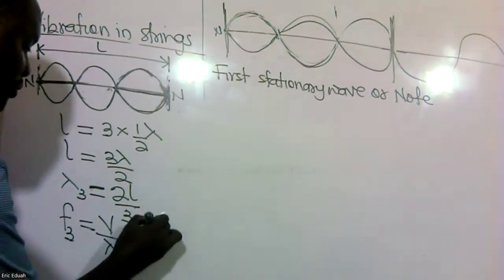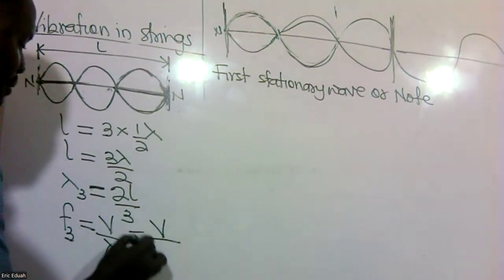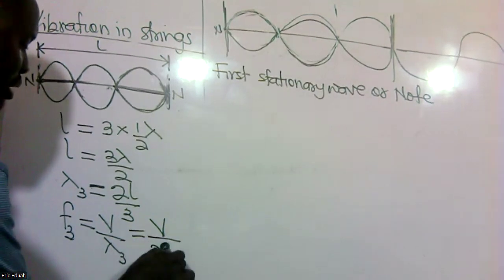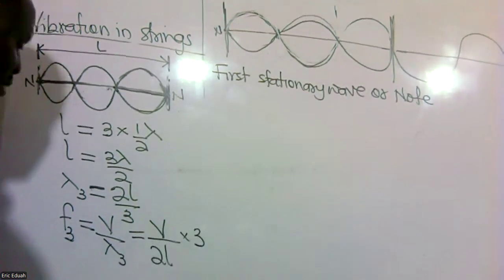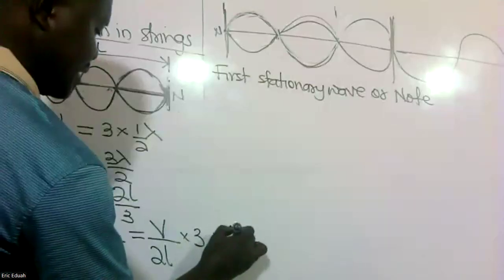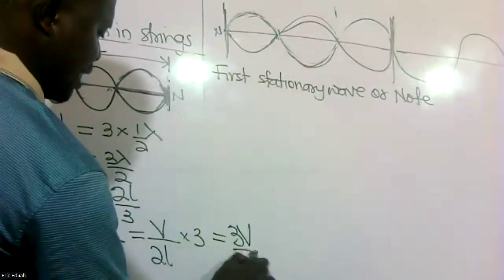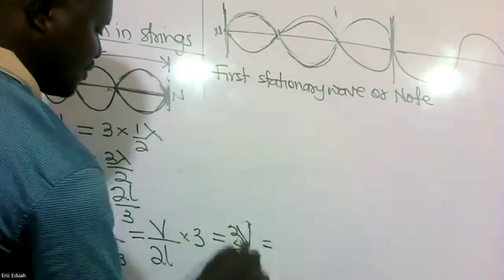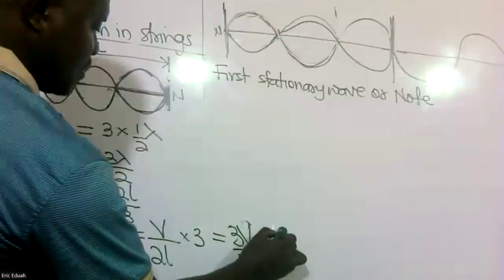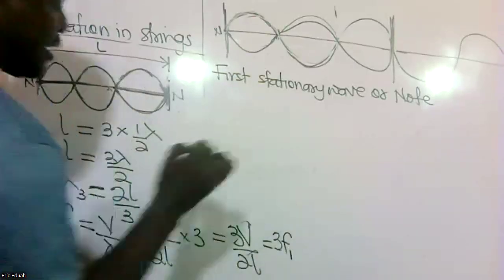So we have V over 2L over 3, which is 3V on 2L, or because V on 2L is the first one, 3 times F1.